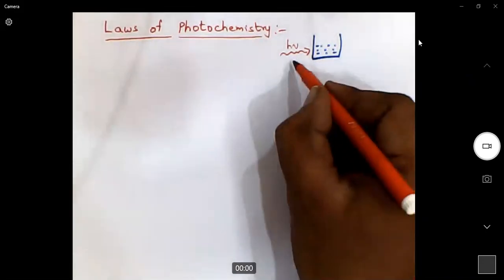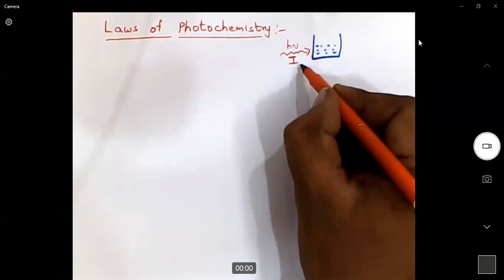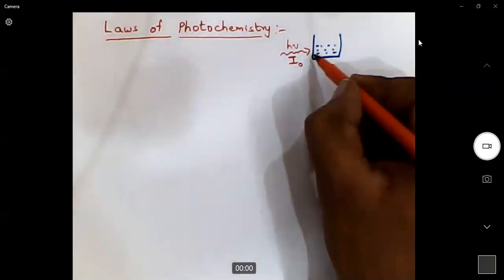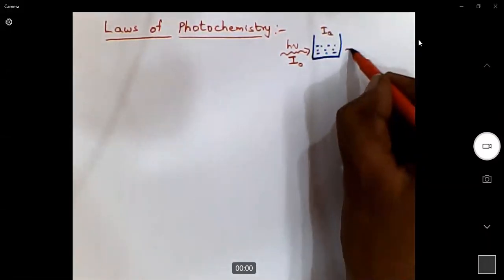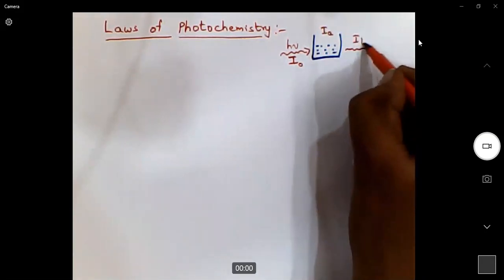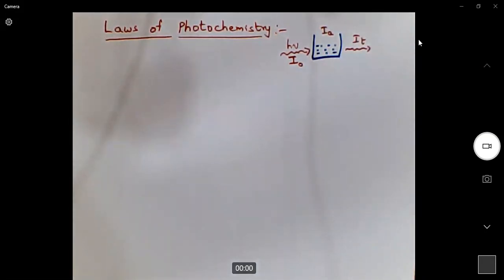For example, I naught is the intensity of the incident light. Then some part of it will be absorbed, that is what is called IA, and the remaining part will be transmitted. That is the intensity of transmitted light. So when we pass light onto the material, only some part of it will be absorbed, not all of the light.